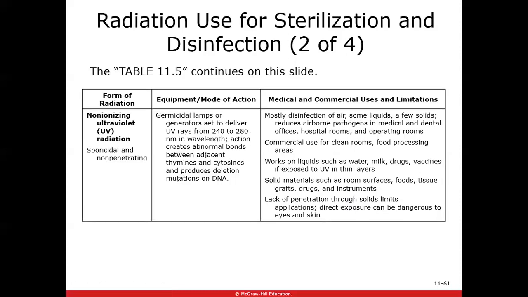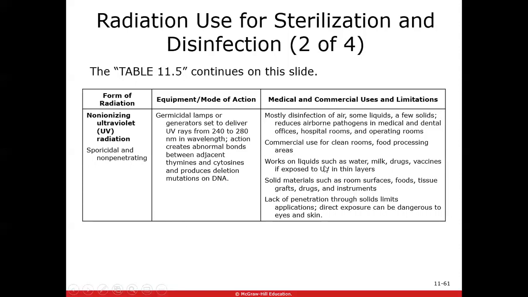Then you have non-ionizing or ultraviolet radiation. It can also be sporicidal but is non-penetrating. So with this, you have mostly disinfection of air, some liquids, and a few solids. It reduces airborne pathogens. So it has commercial use for clean rooms and food processing areas.